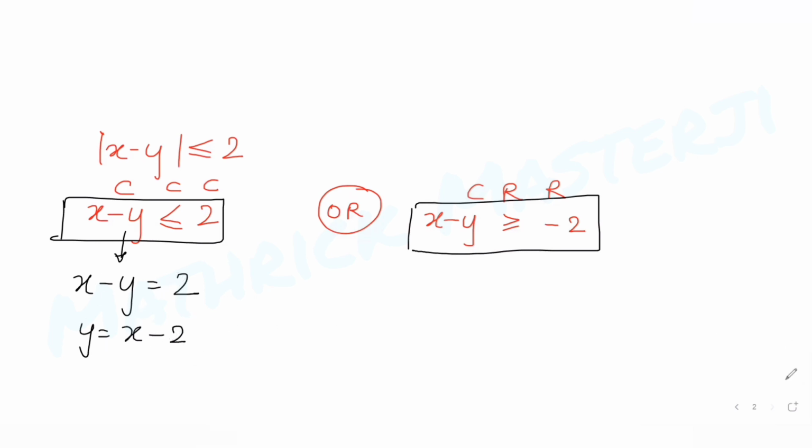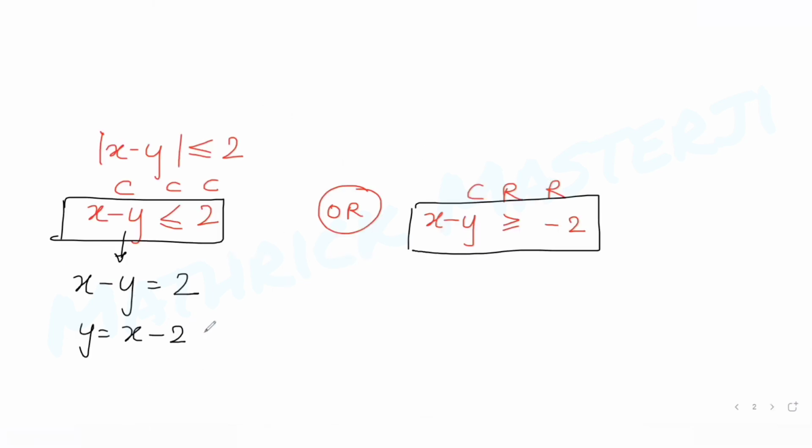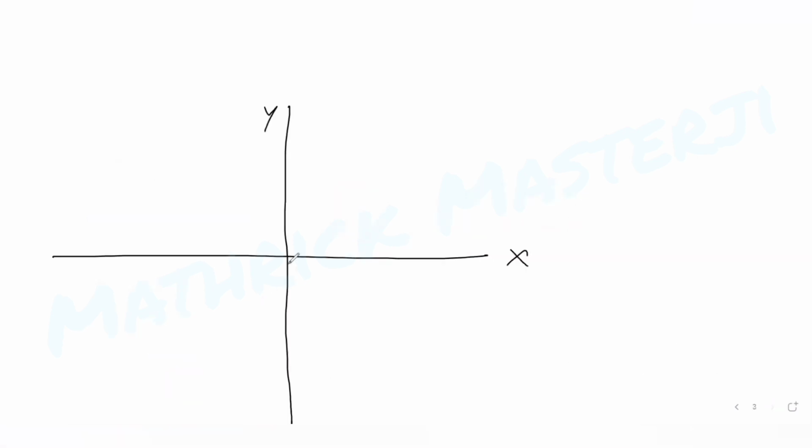If I plot this line, y is equal to x minus 2, and compare it with the general form y equals mx plus c, I get c is equal to minus 2, meaning the y-intercept is minus 2, so your line touches the y-axis at 0 comma minus 2.